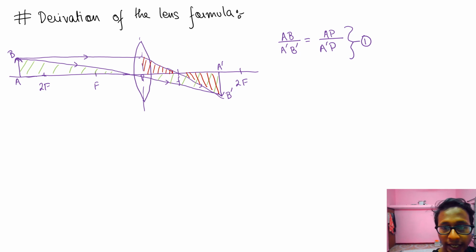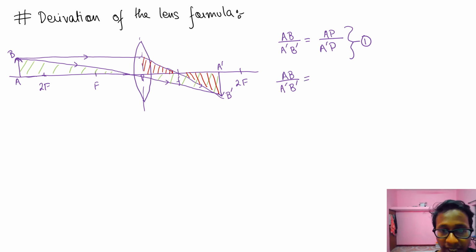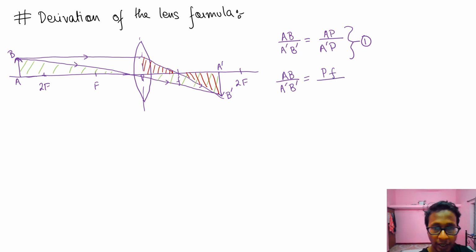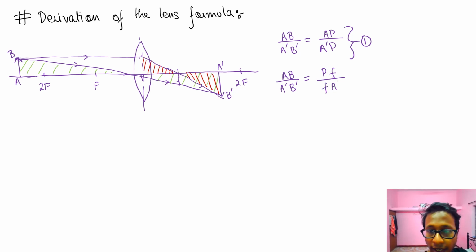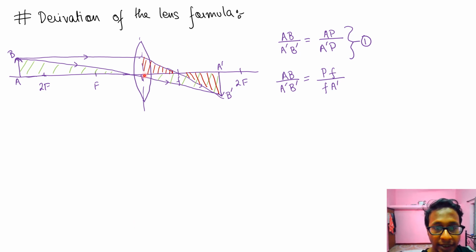So for the second triangle, can I say AB by A dash B dash is equal to PF by A dash F? That means this length by this length is equal to this length by this length. And this is our equation number 2.